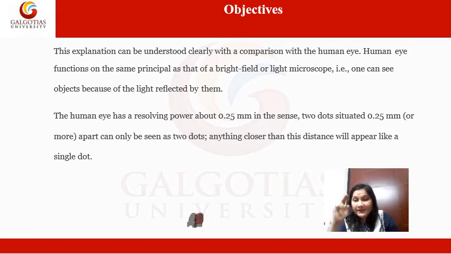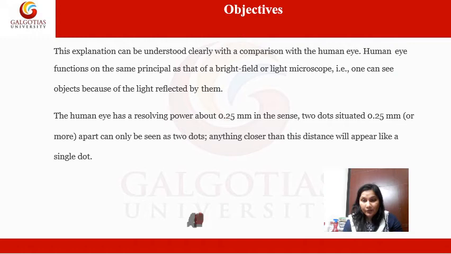The human eye will consider that as only one entity. So anything closer than this distance will appear like a single dot. This was actually the example that I have given here by drawing the two objects.